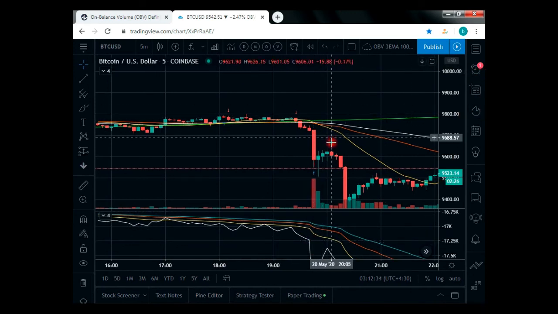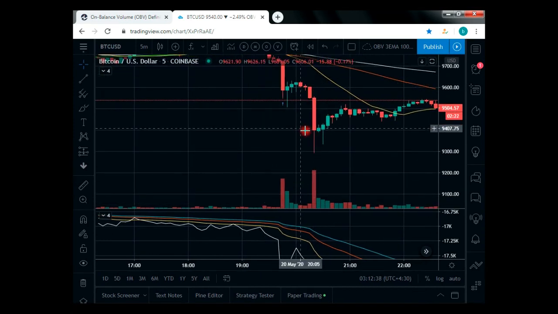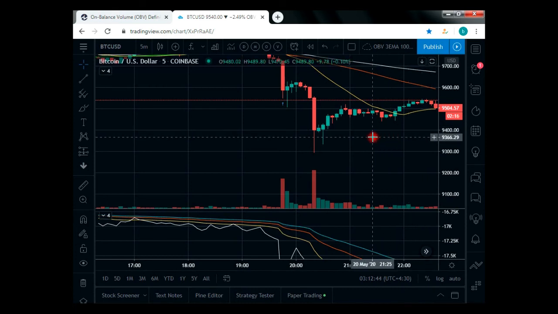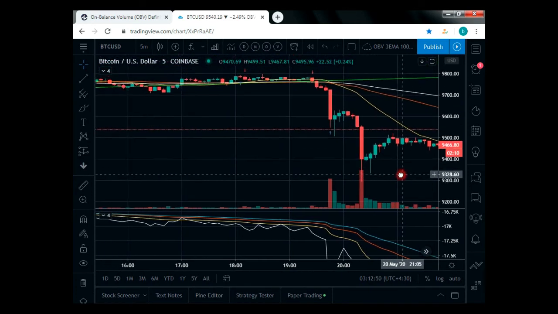And this is how it works: in 1 hour and 15 minutes, a $260 gain on a half Bitcoin trade.